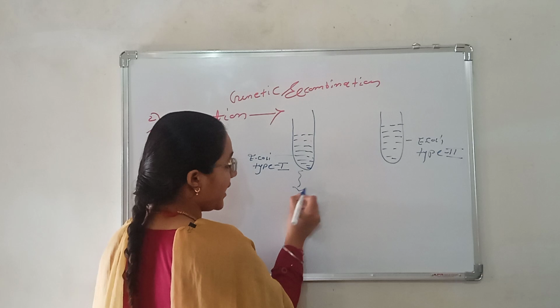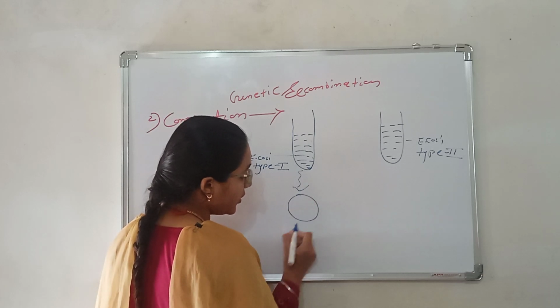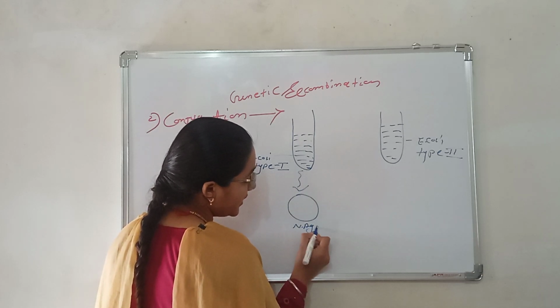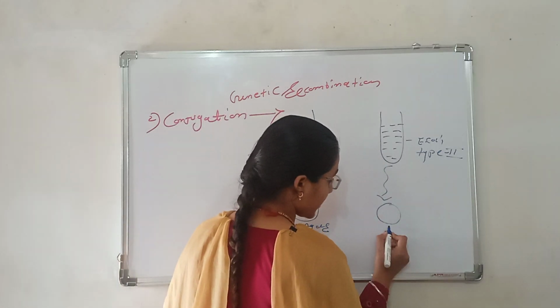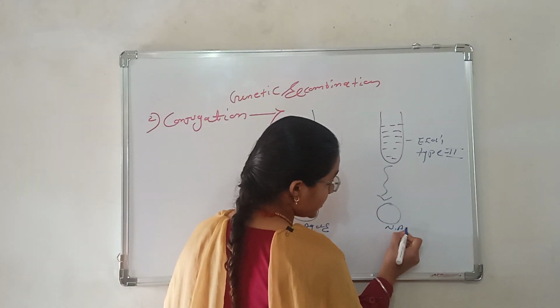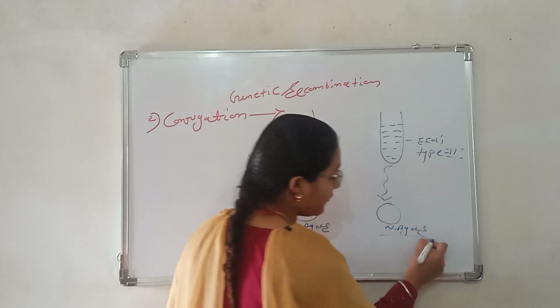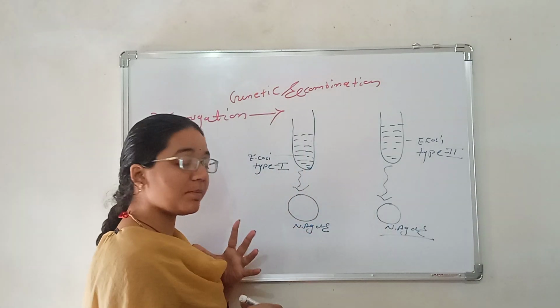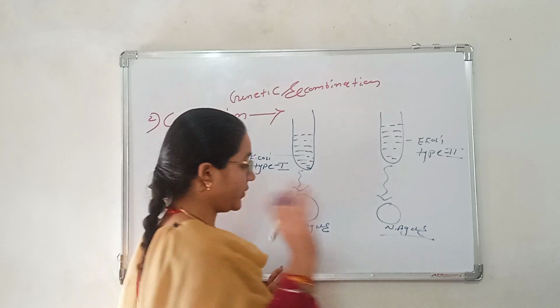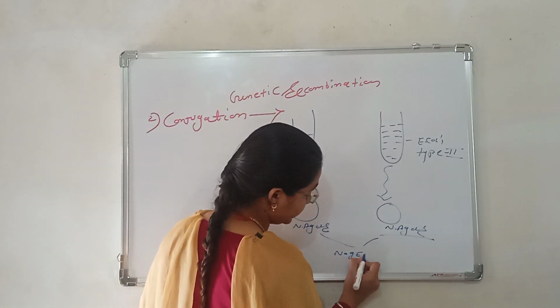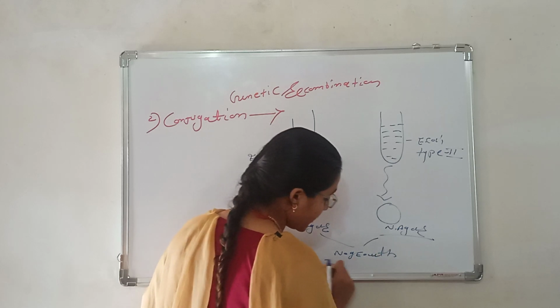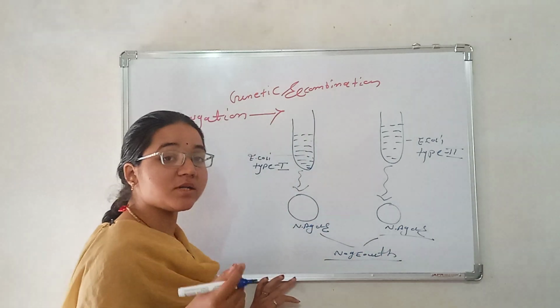Both are grown separately on the nutrient agar plate. We observe that the different strains on the nutrient agar plate show no growth. Why no growth? What is the reason? Because some ingredients are absent.